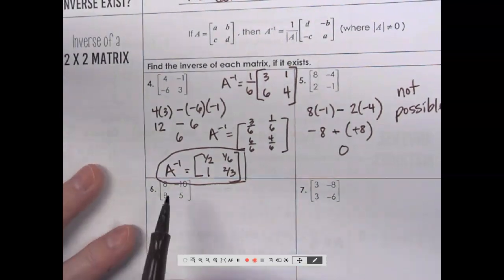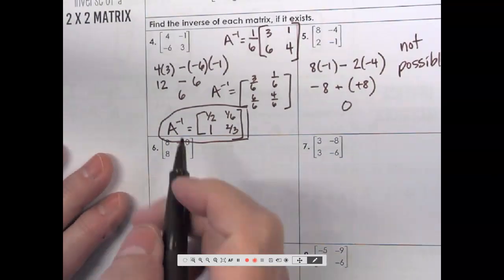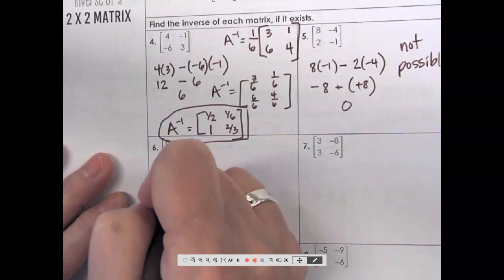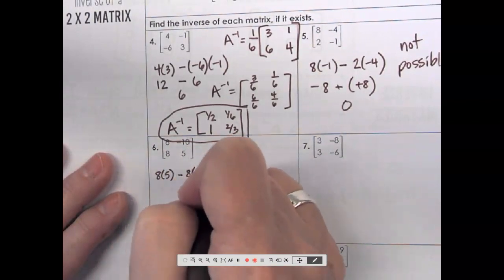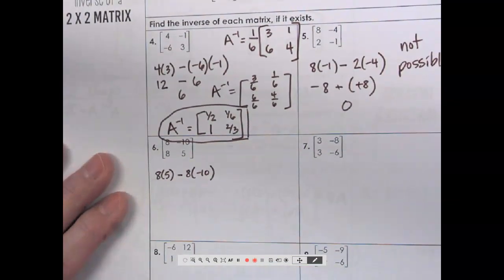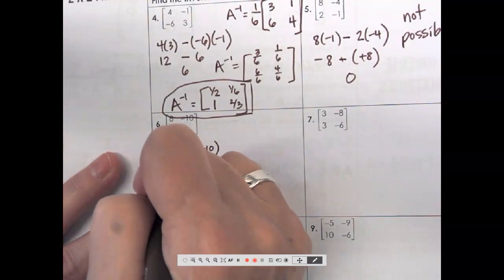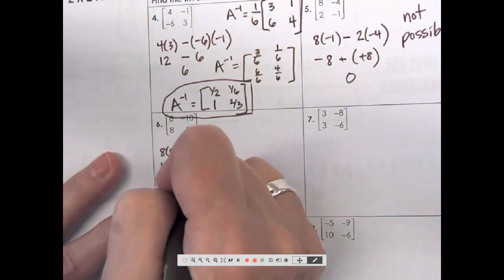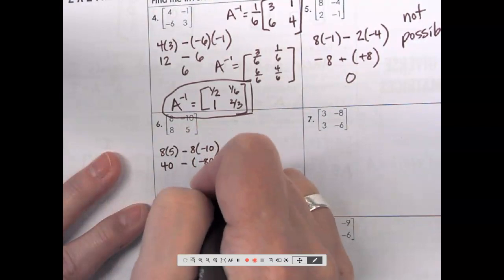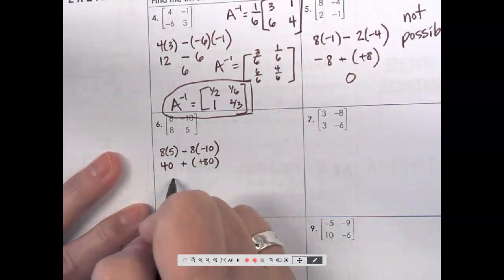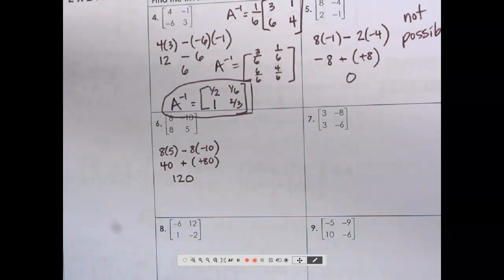Oh no, I wrote through that number. Find the determinant. 8 times 5 minus 8 times negative 10. 40 minus negative 80 becomes plus positive, so I get 120.